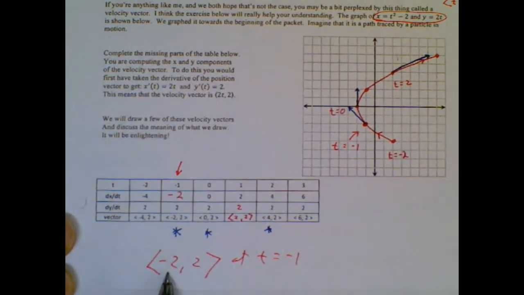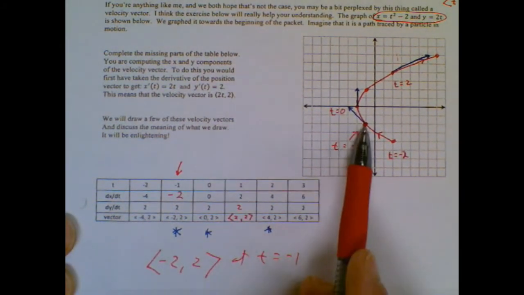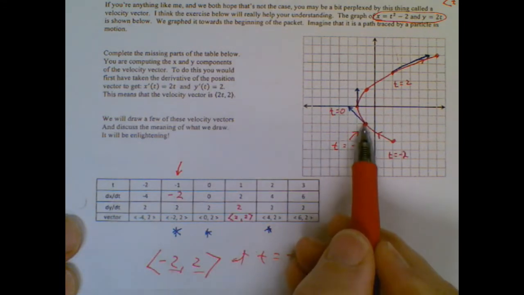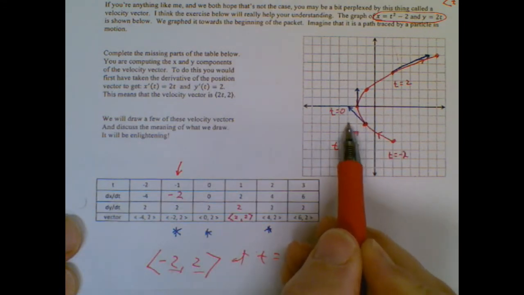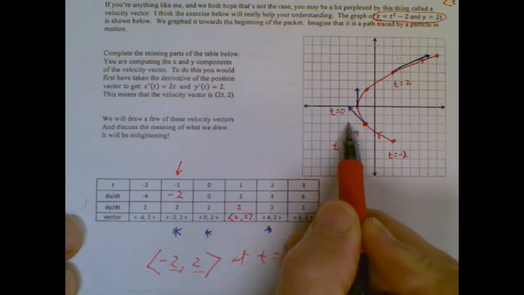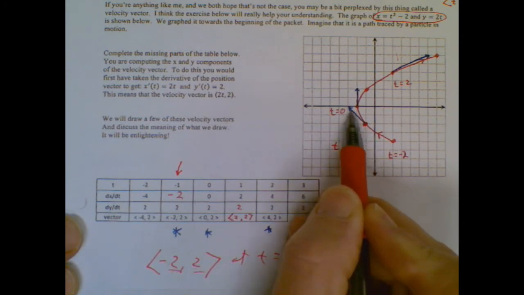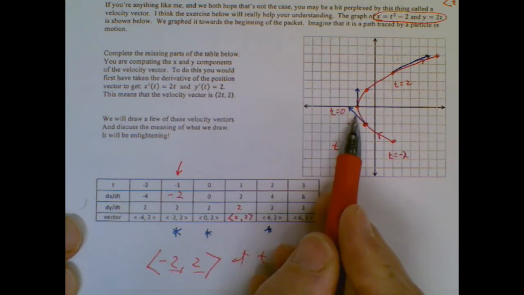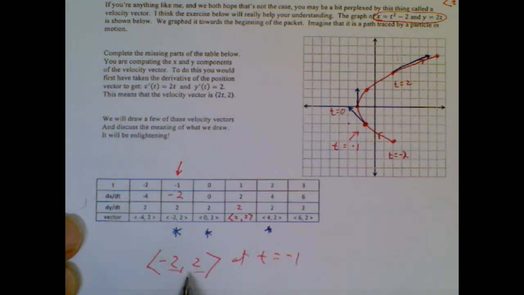Then at t equals -1, that velocity vector, -2, 2, and to remind you of what this means, a velocity vector of -2 for the horizontal component tells me it's heading 2 units that way to the left, to the negative, and 2 units upward. That makes that blue arrow the net effect of traveling to the left and upward. That arrow is a visual representation of that velocity vector.